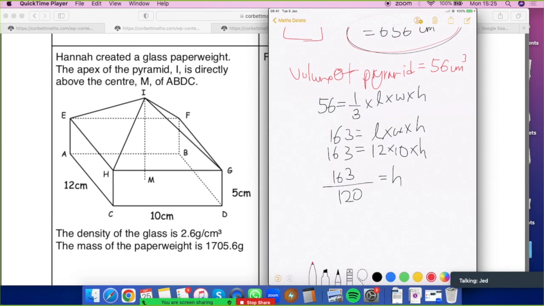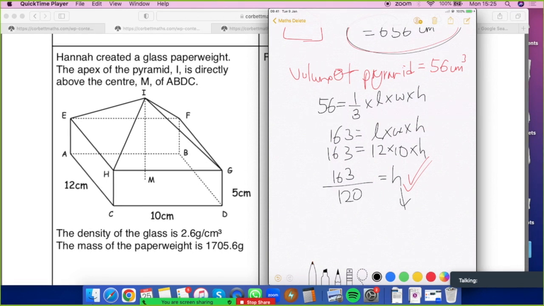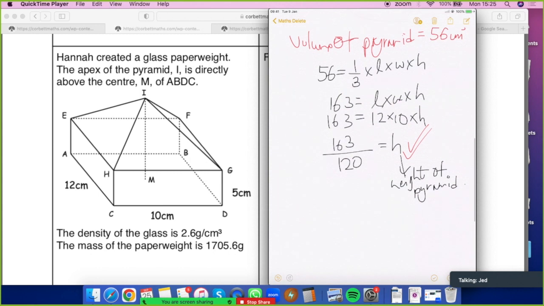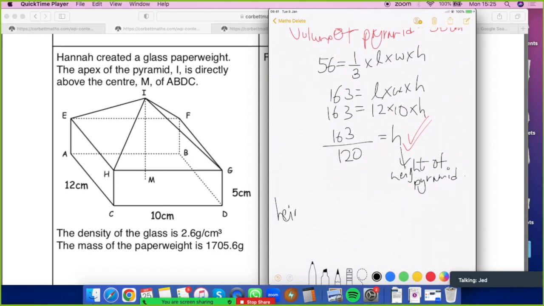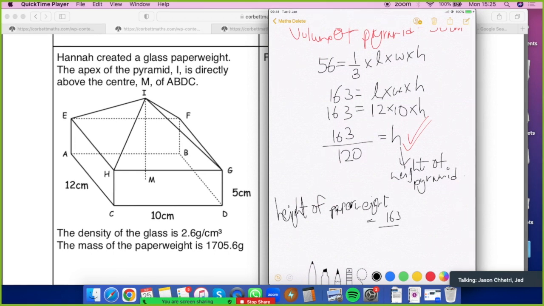So this is the height of the pyramid, but then the height of the paperweight would be 163 over 20 plus the 5, right? You've got to add the 5 centimeters.